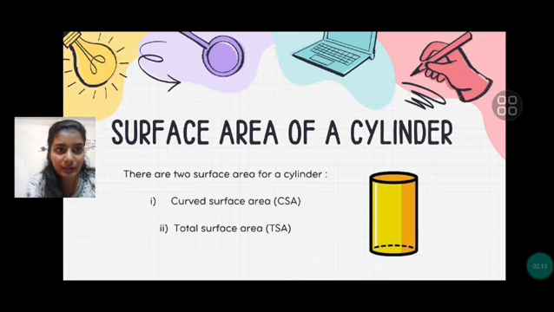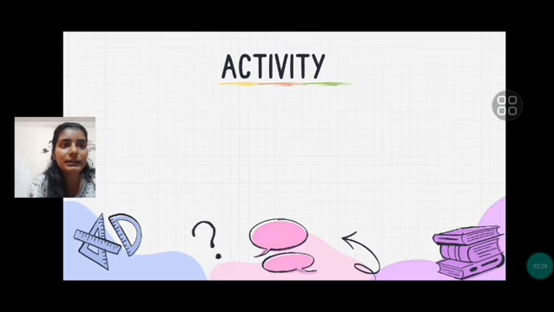So a curved part is there and two ends are there. The two ends are in circular shape. The curved surface area is the area of the curved part alone. And if it is the total surface area, we have to add the curved surface area to the area of both the ends. So first let's see what the curved surface area is.